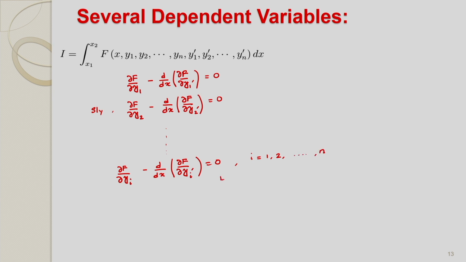So, this is Euler-Lagrange equation for ith dependent variable.